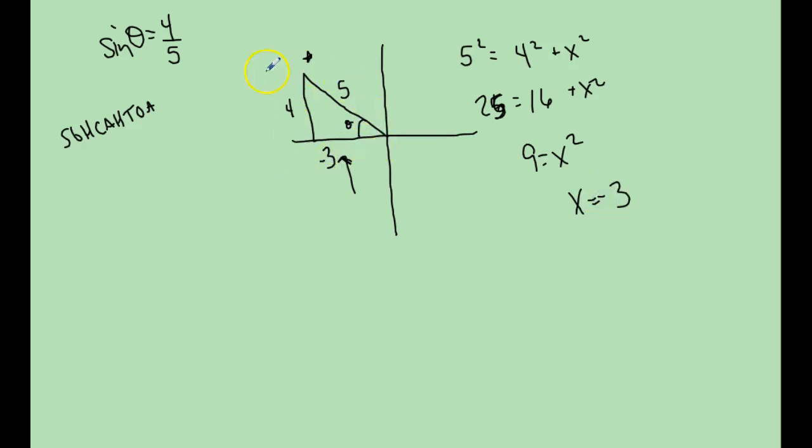So now, using this triangle, I can find all of my trig functions. Because I know tangent is the opposite over the adjacent, so tangent of theta would be negative 4 over 3. So I know that cosecant, because cosecant's the inverse of sine, would be my hypotenuse divided by my opposite side.